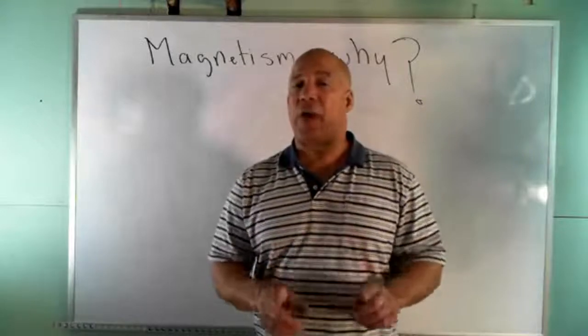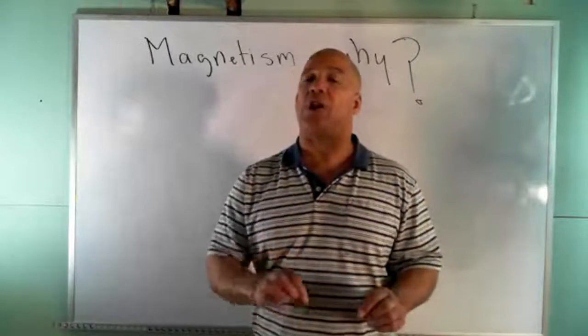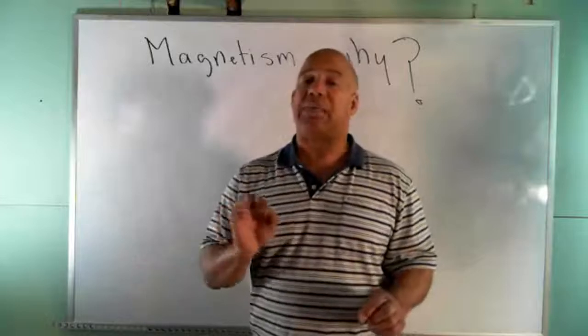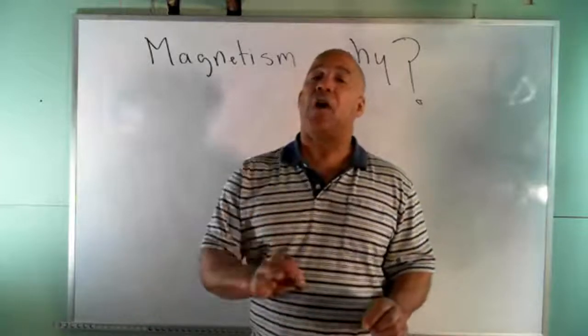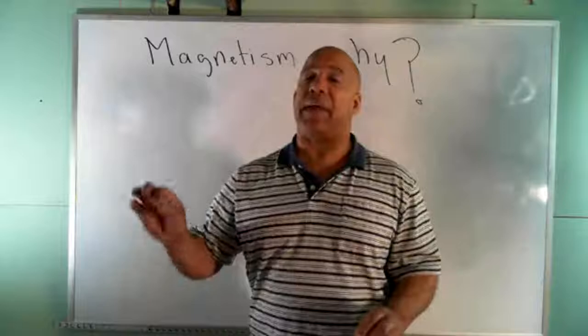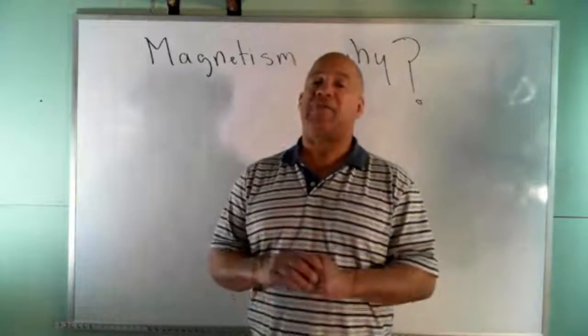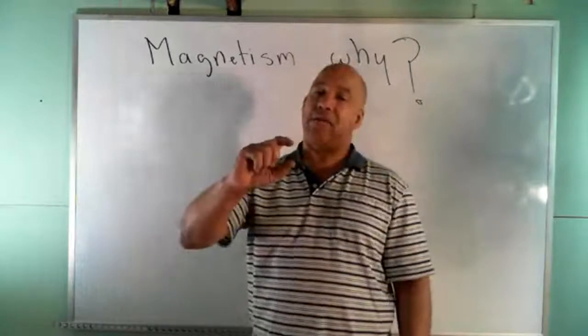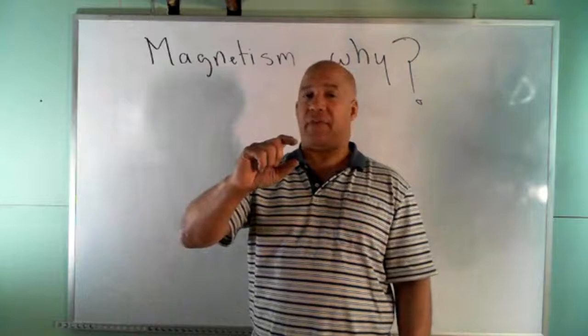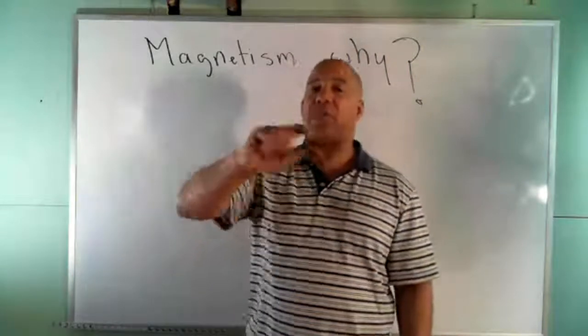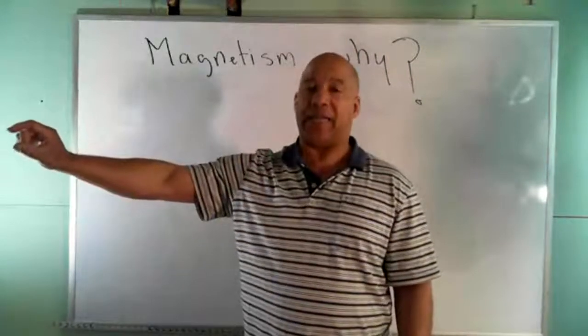Now, don't forget what current is. Electric current is charge in motion. So charge in motion creates a magnetic field. If I have charge and it's sitting there, I don't have a magnetic field. If I take the charge and I move it, I now have a magnetic field.